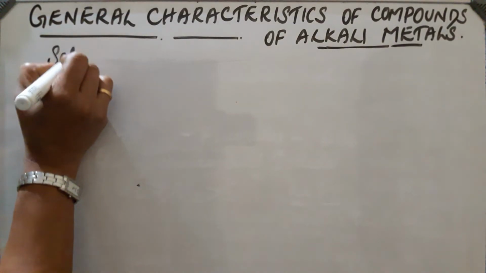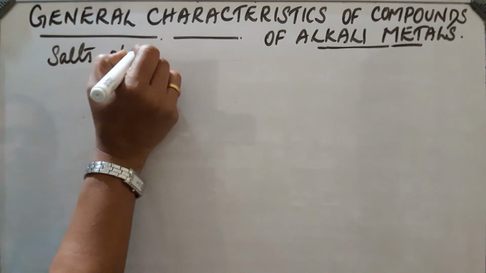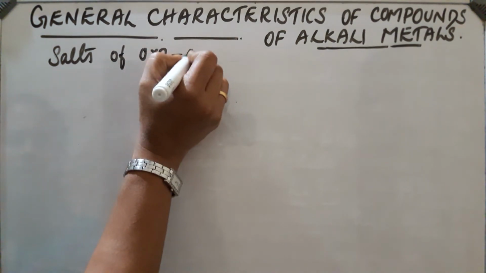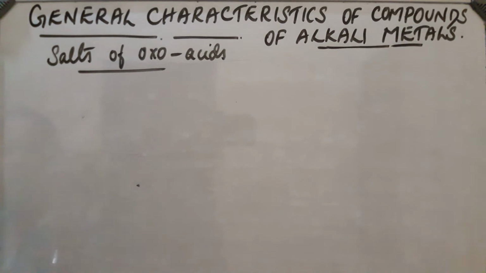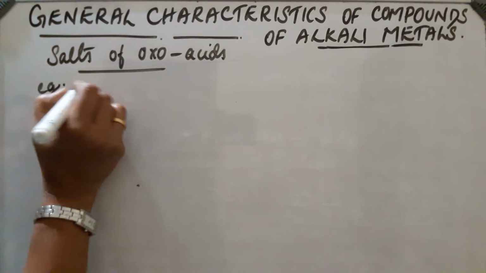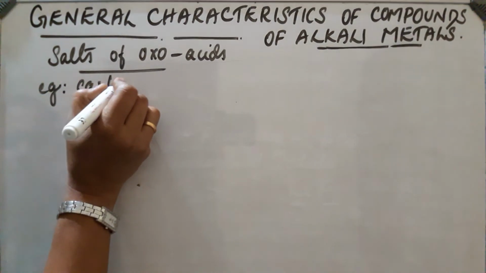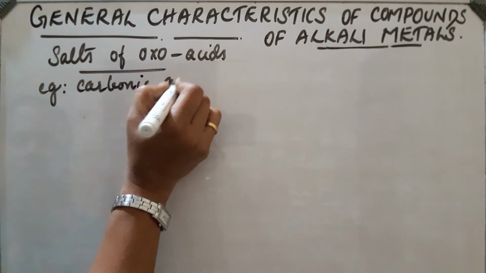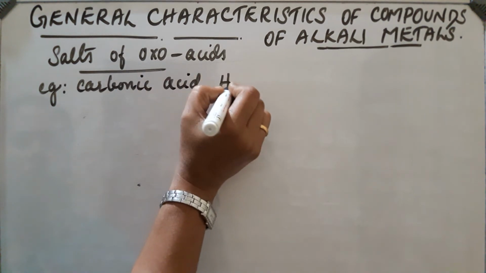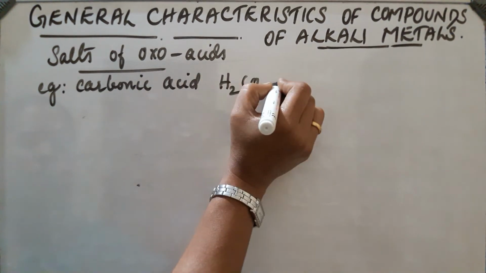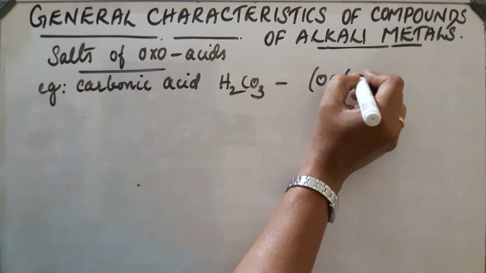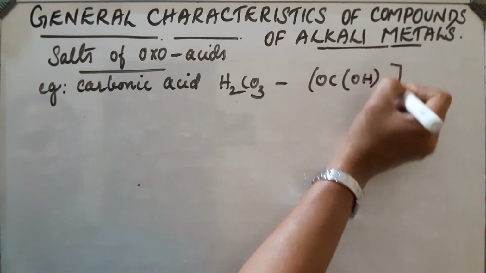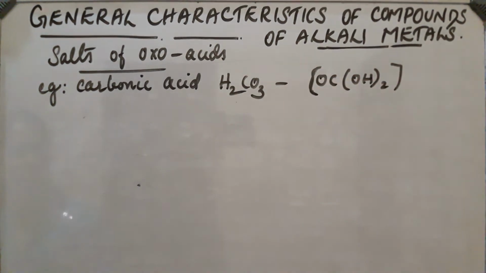Salts of oxo acids. What is meant by oxo acid? For example, let us take carbonic acid. Carbonic acid is H2CO3, and it contains two OH groups.